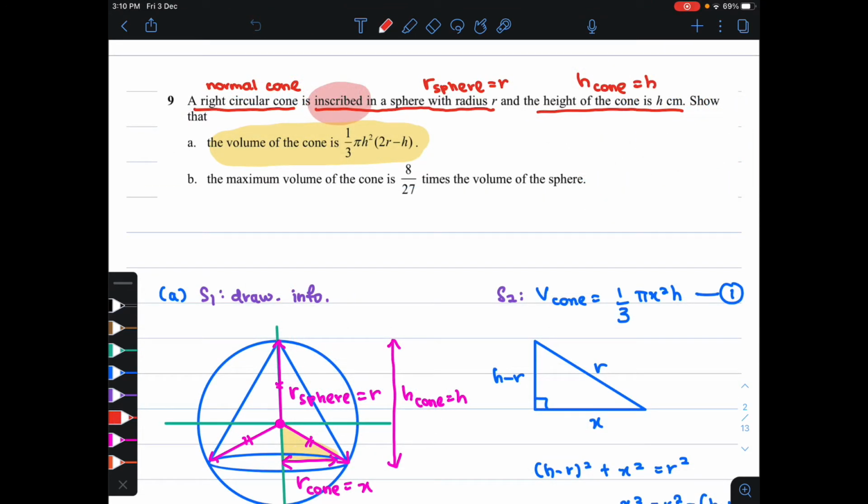For question B, we need to show that the maximum volume of the cone. Ini maksudnya V max of cone is equal to 8 over 27 times the volume of sphere. Ini maksudnya 8 over 27 volume of sphere.